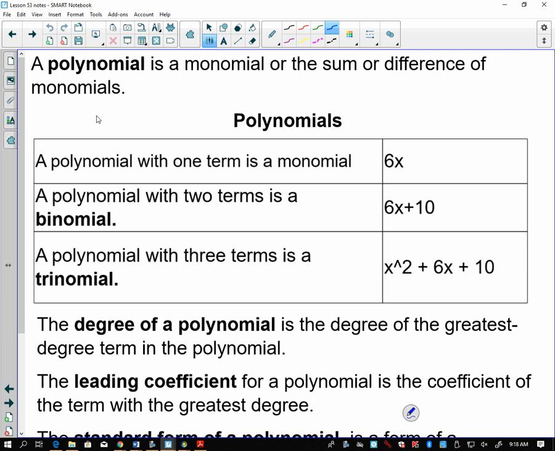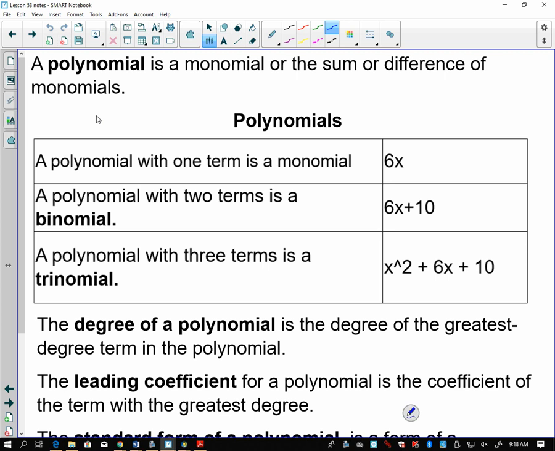In our chart, what's the leading coefficient of our binomial? Somebody besides Caden. All right, go back to our definition of leading coefficient. The leading coefficient for our polynomial is the coefficient of the term with the greatest degree. 6. Okay, that's our leading coefficient.